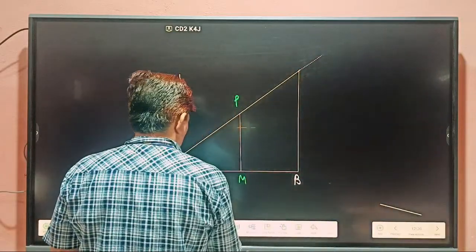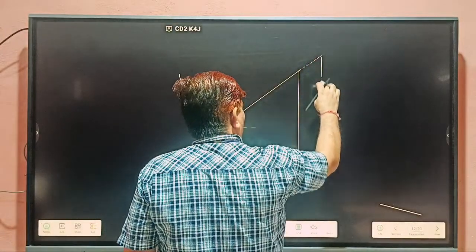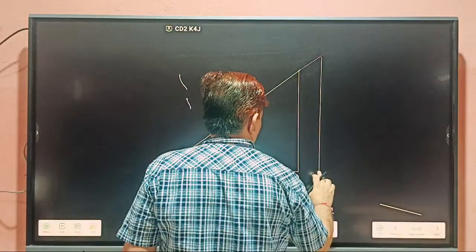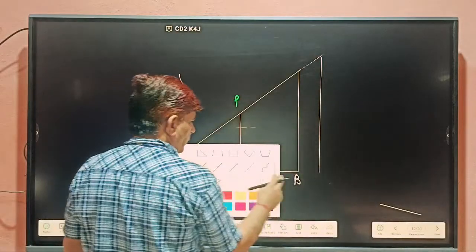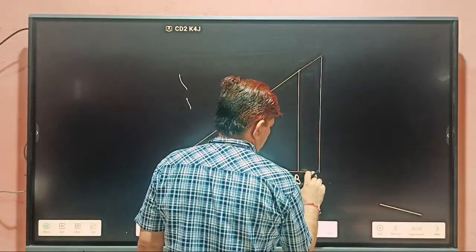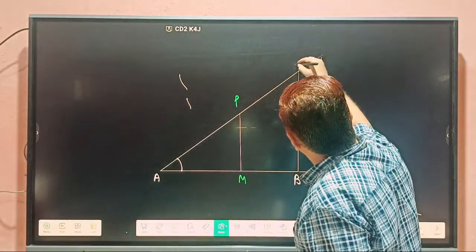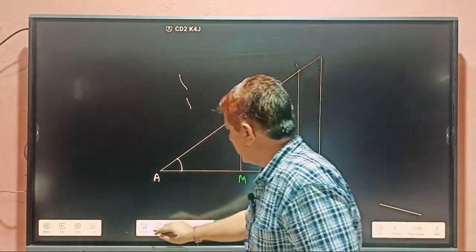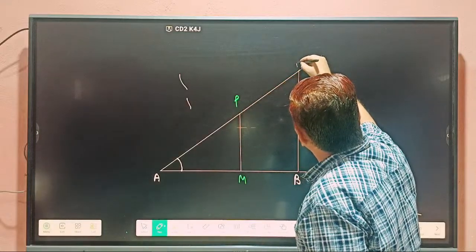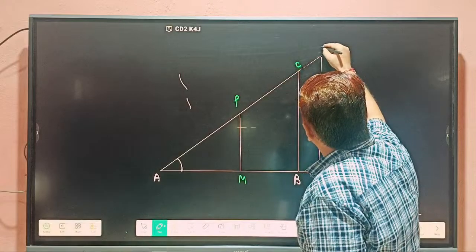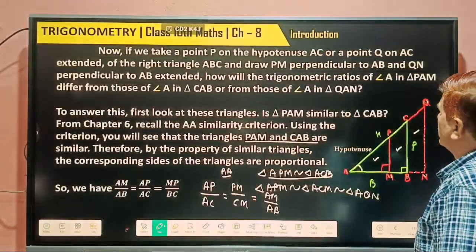And then what do we have to do? Like this. Here its name is C, its name is Q and its name is M. Look here, same picture.